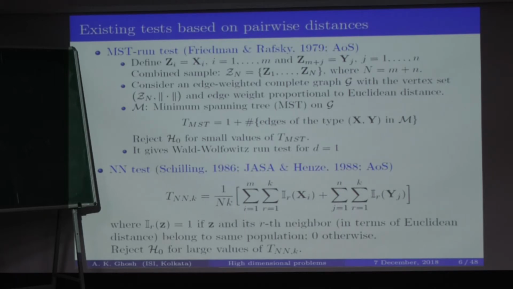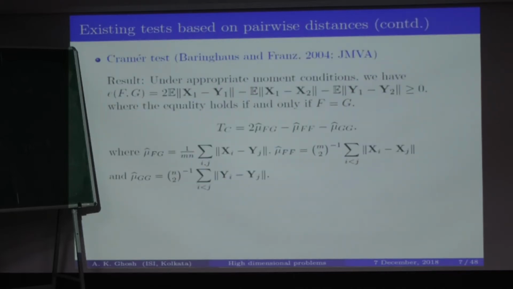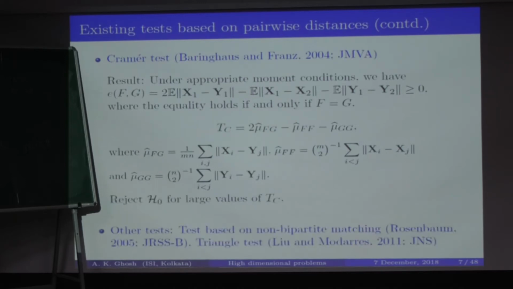But these tests are based on Euclidean distances. Euclidean distance can be easily computed in any dimension, and so they have potential application in the high dimension low sample size setup. Similarly, this one also can be used very conveniently in the high dimension low sample size situation. But now we need to study how they perform in high dimension.